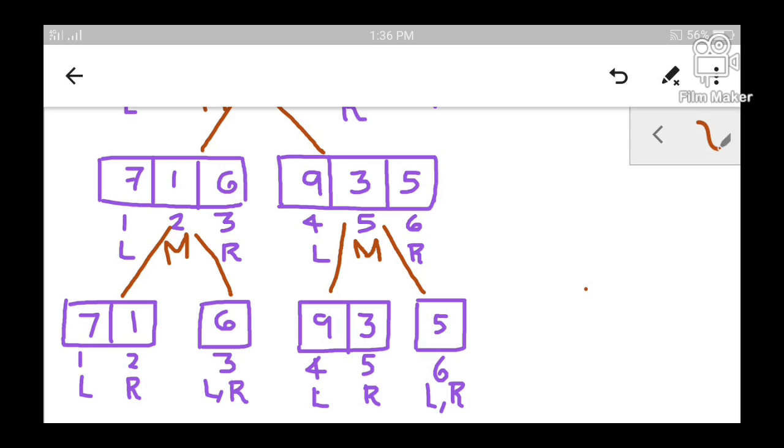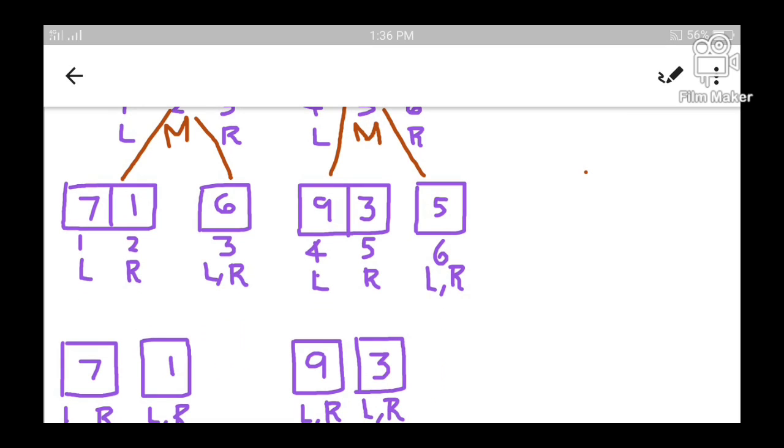Clear? So now we have reached the third level. In this new level, we have 4 arrays. The first array has 2 elements. It is still large. The second array has only 1 element. It is small and does not require any division. The third array again has 2 elements, which requires being divided further.